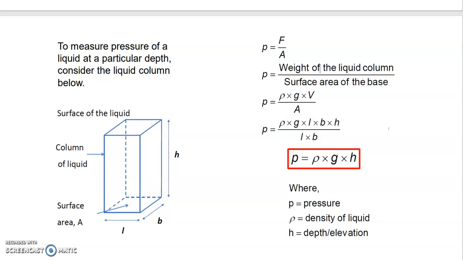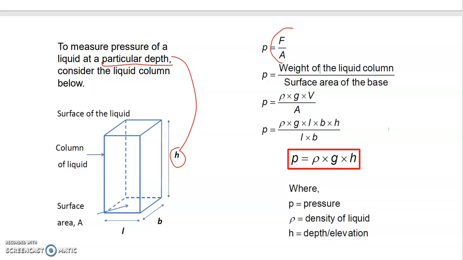Okay, then we want to measure the pressure of a liquid at a particular depth, which is H. The normal formula for pressure is force over area. In terms of measuring a liquid at a particular depth, we use the formula weight divided by area. The force we change to weight. So how do we calculate the weight?